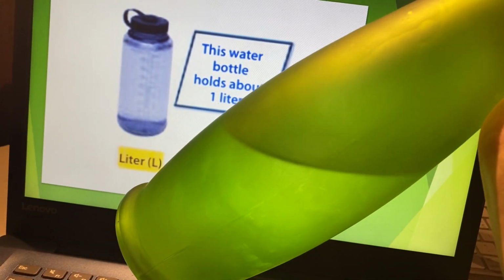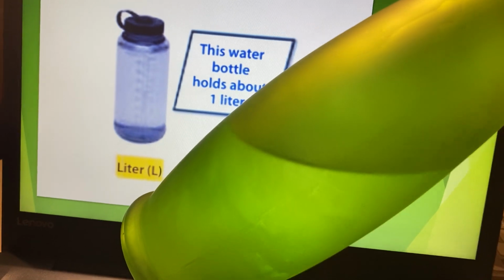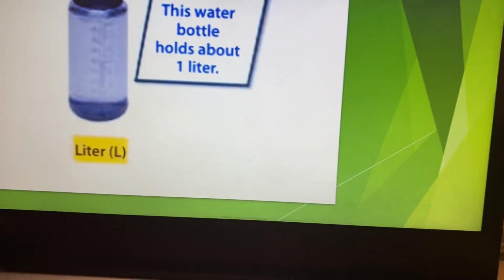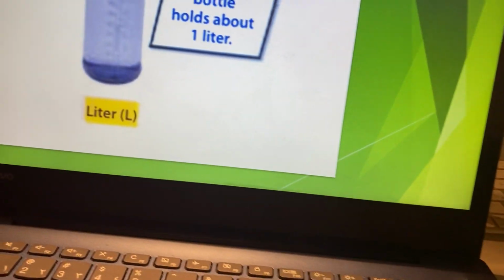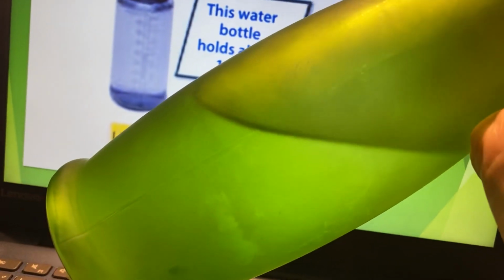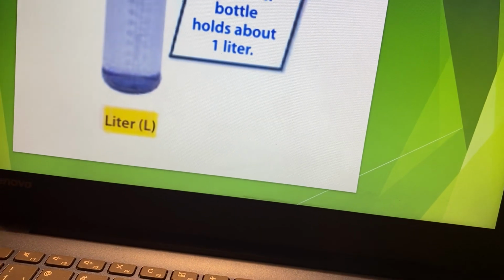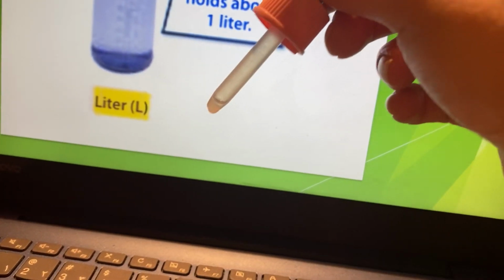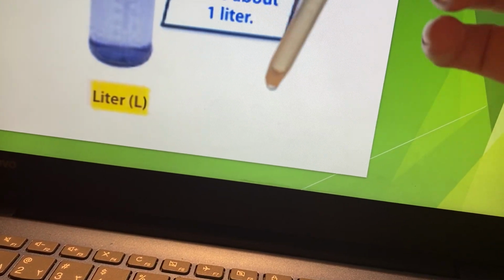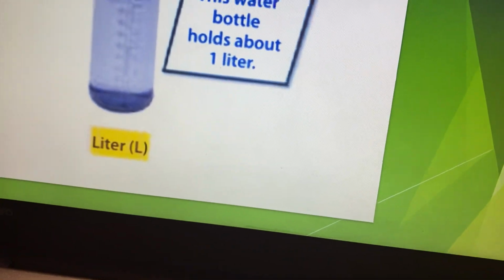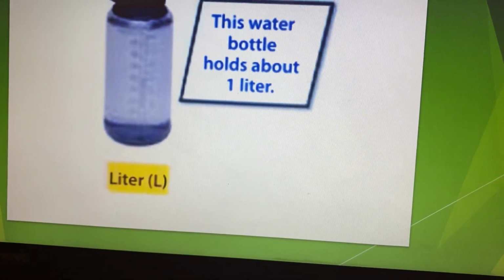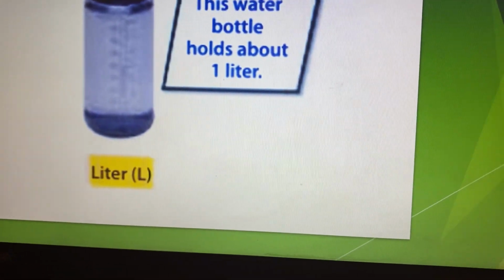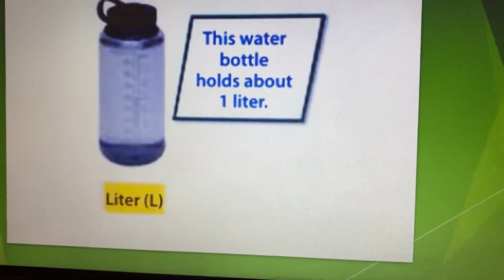This holds almost 1 liter. There is a difference between the water bottle and this one, the eyedropper. So which one is larger? Of course, the 1 liter is larger than the 1 milliliter.